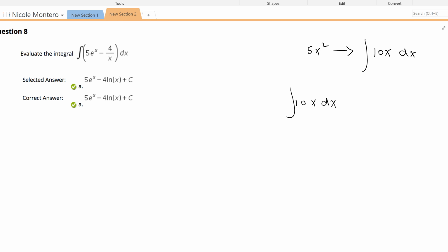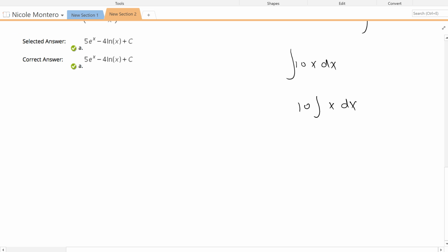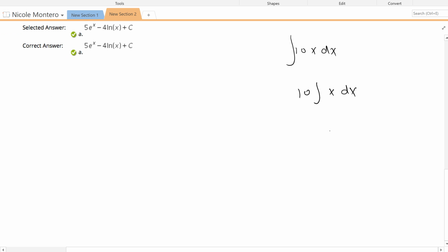So now according to the rules, you just keep 10 outside and you do the antiderivative of x. And in the power rules of the derivatives, we were bringing the power at the front and then we were reducing it. But in antiderivative, you will increase the power by 1.